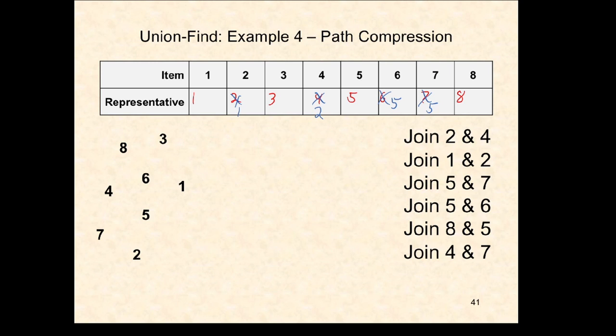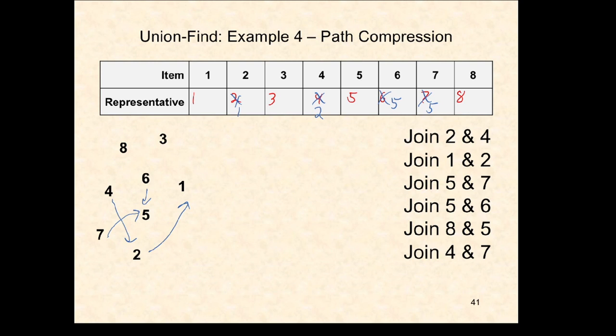And if we're drawing this, let's see. So 2 says 1. 4 says 2, 6 says 5, 7 says 5. We're going to have to get some crossings in there. And that's all the ones we've done so far.